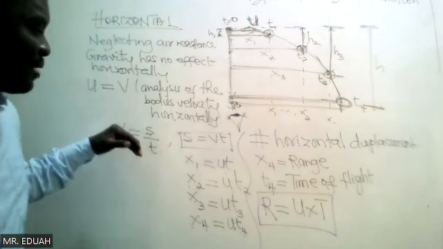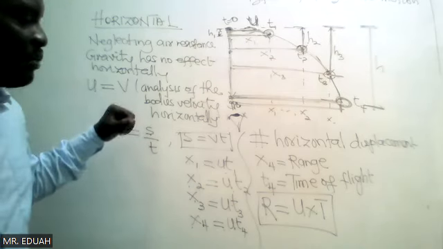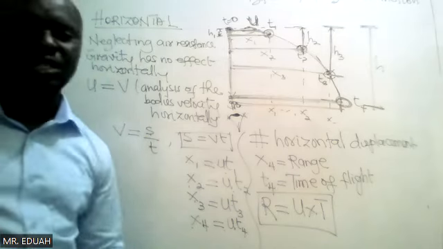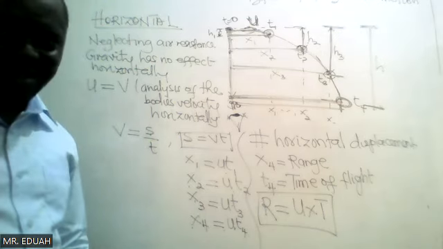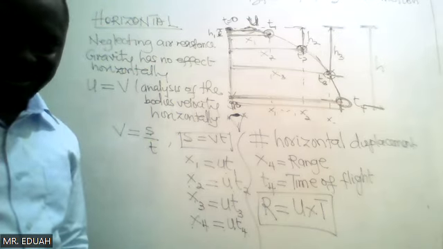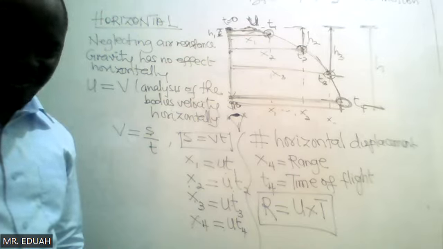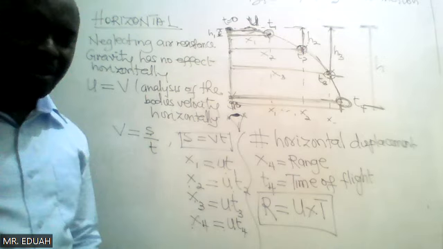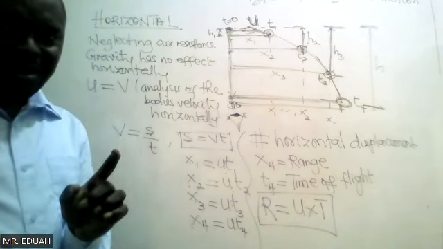Adoma, what is the reason for the initial velocity being equal to the final velocity horizontally? Because it's horizontal, and then it's neglecting air resistance, and gravity has no effect on it.